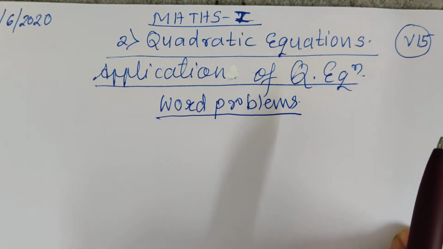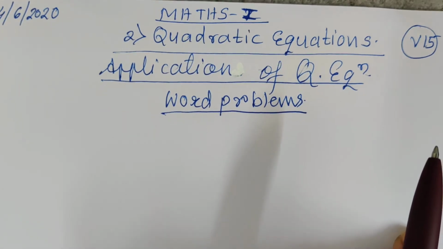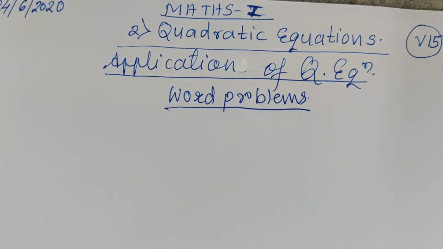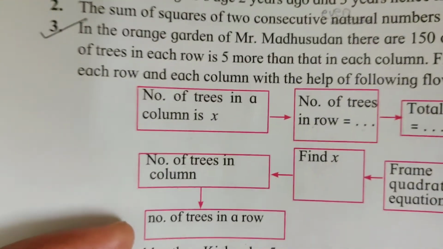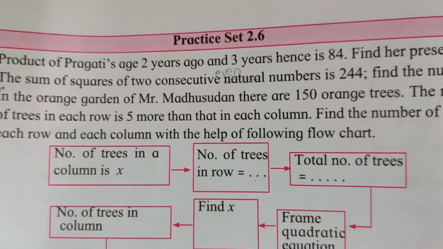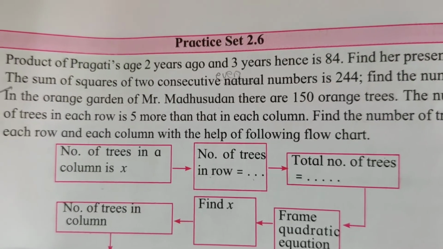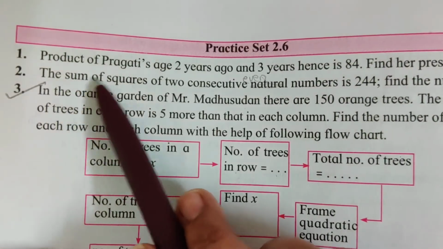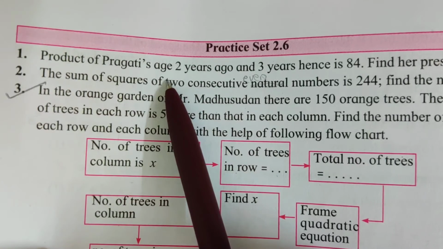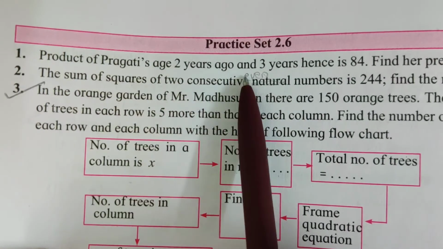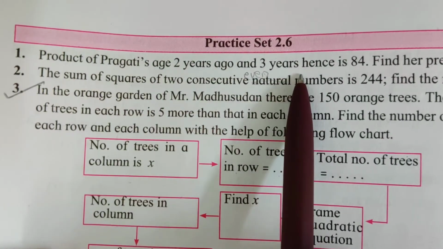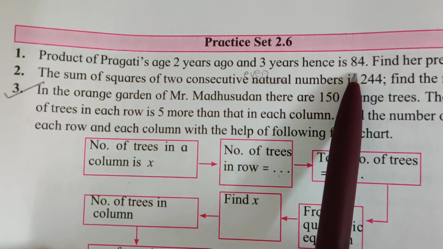So here I will show you the first example from the exercise. Keep your textbook open in front of you to read the problems which are given in the exercise. See here the first word problem. The product of Pragati's age 2 years ago and 3 years hence is 84.